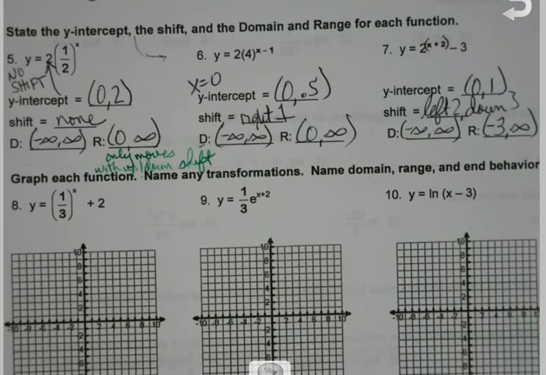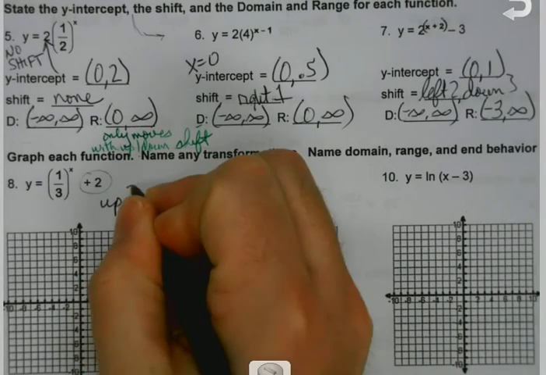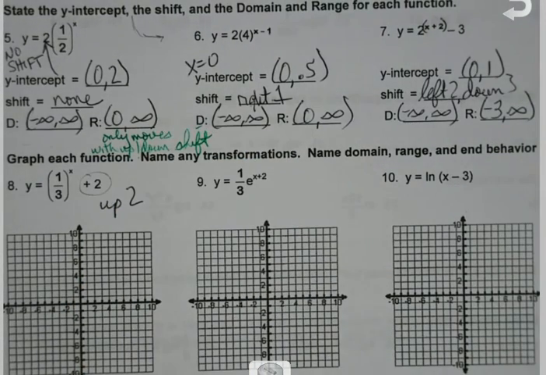Okay, move down a little, graph each function, name any transformations, any shifts, and then the domain, the range, and the end behavior. Okay, here, what's that +2 represent as far as a shift goes? Hopefully somebody at this point has said up 2.